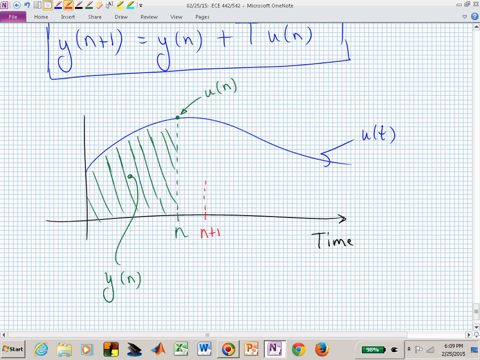In that one time step, I go a length in the horizontal direction of capital T units of time, and I'm going to hold that constant.